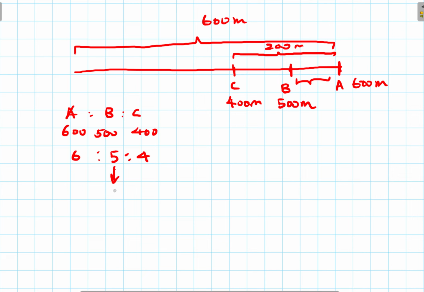So if this 5 units becomes 600 meters and completes the race, the whole race is actually 600 meters, right? 5 units equals 600 meters. 1 unit will be, give me a minute, 120 meters, right? 120 meters. Okay.